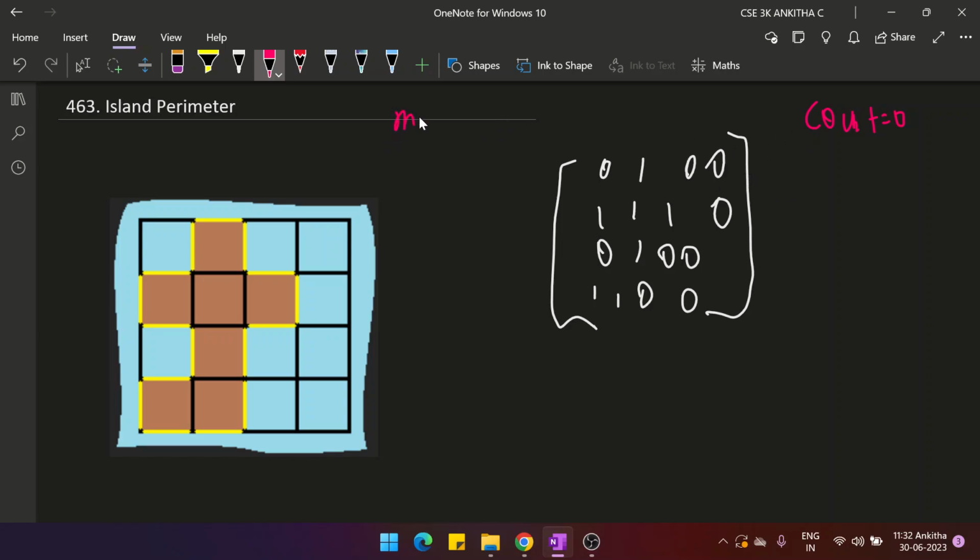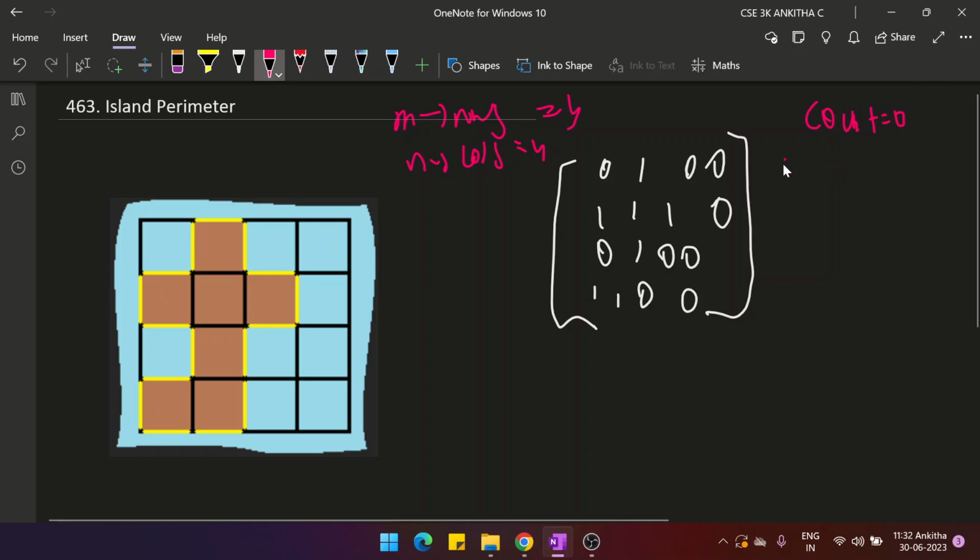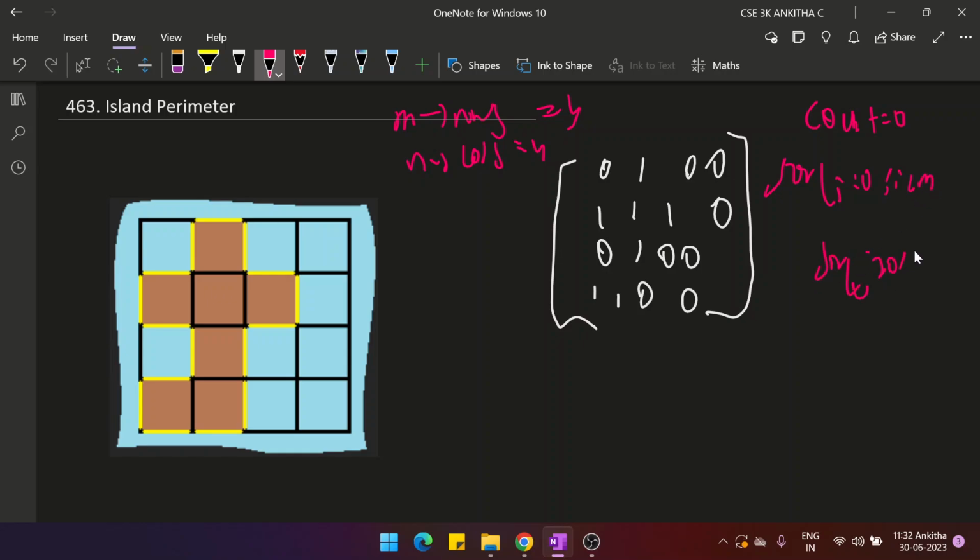So m representing row length will be 4 here, and n representing column length will also be 4. So for i equal to 0 till i less than m, then for j equal to 0 till j less than n, with j plus plus and i plus plus, that is the normal two for loops. So this is 0, 1, 2, 3, and 0, 1, 2, 3.